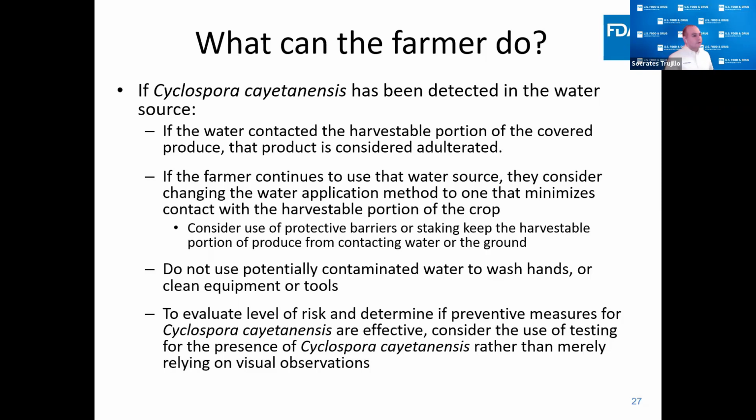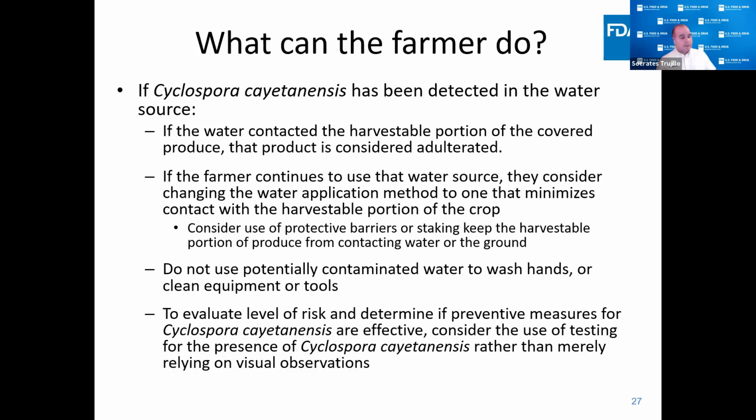Then again, right, if the water is a potential source of Cyclospora cayetanensis, you need to make sure that the farmers understand that if the water touches the edible portion of the crop, that specific product may be considered adulterated, right?